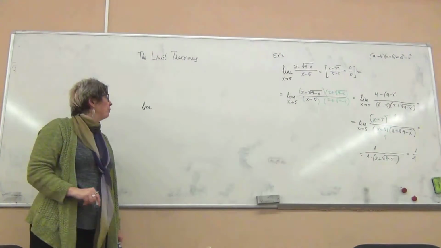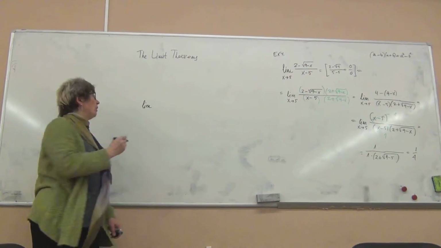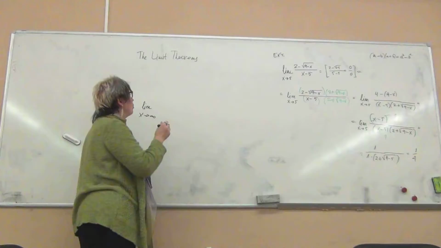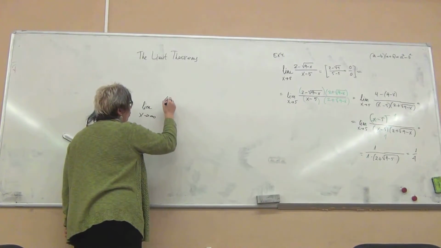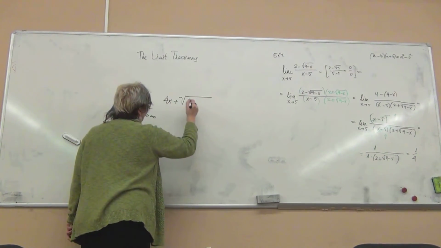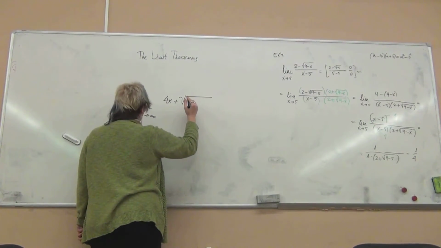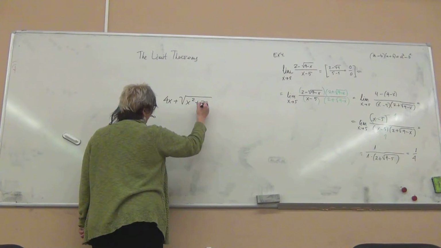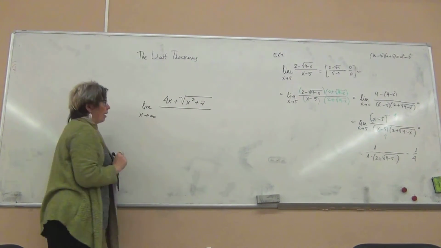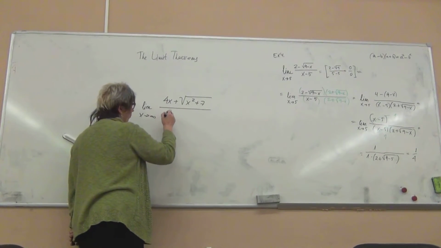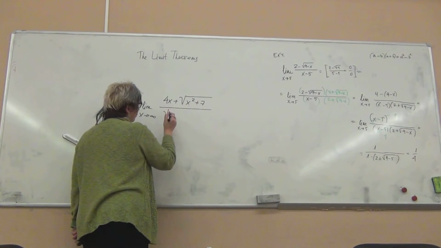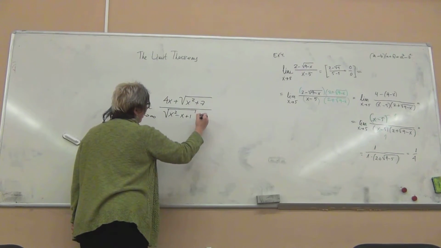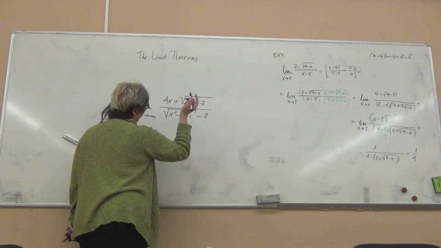If x tends to infinity, and we need to find the limit of, for instance, 4x plus the square root of x squared plus 7 divided by, for instance, square root of x squared minus x plus 1 minus 8.